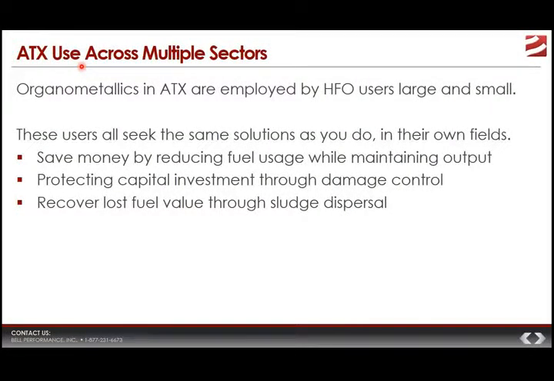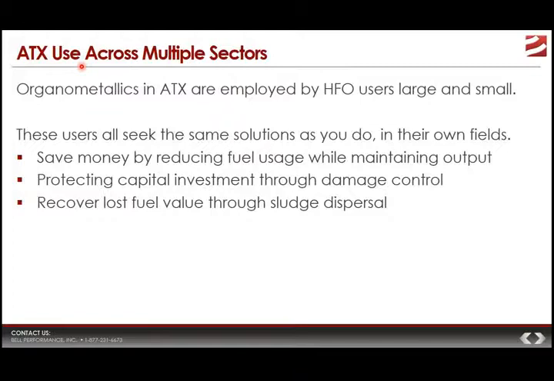Now, when you're looking at the types of active ingredients that are in ATX, who are the people most likely to use these kinds of things? The question is, why would I be interested in considering ATX? Well, the people who use ATX to treat their heavy fuel oil are large users and small users, but they all seek the same kinds of solutions as you probably do.